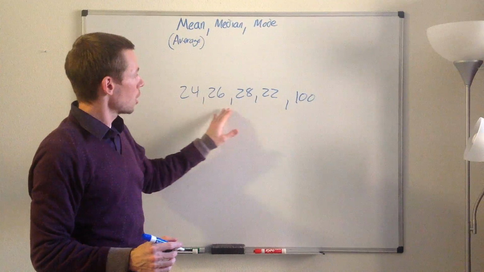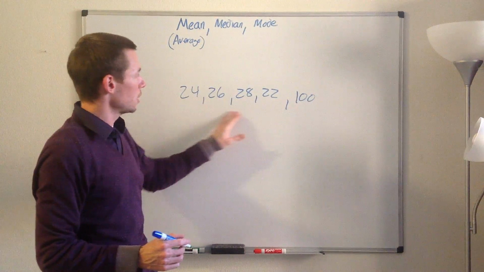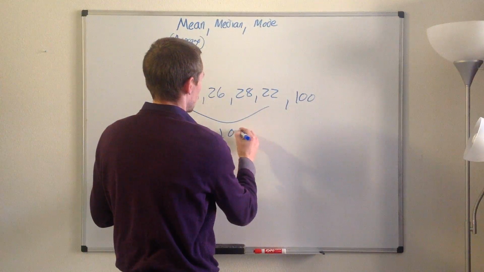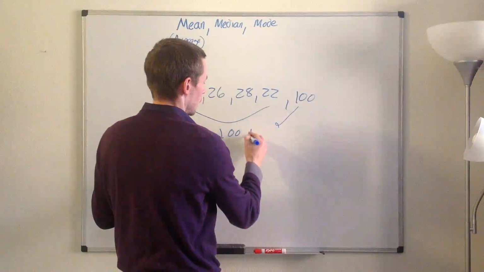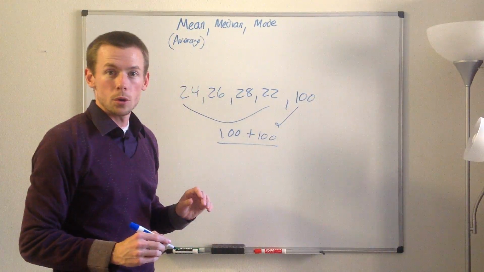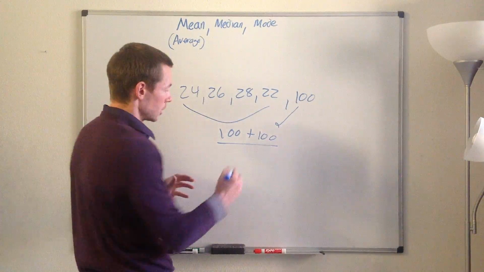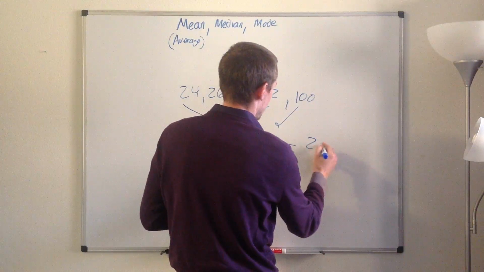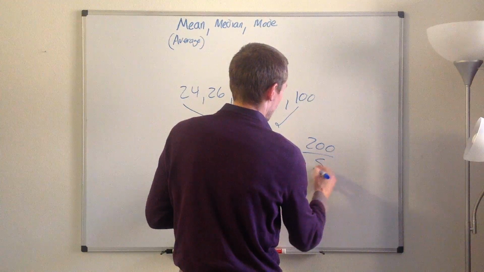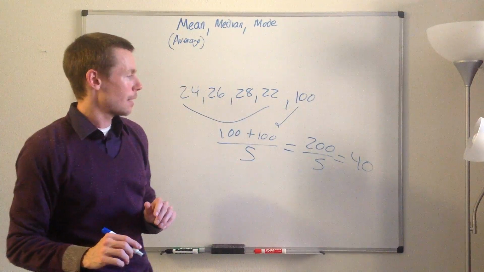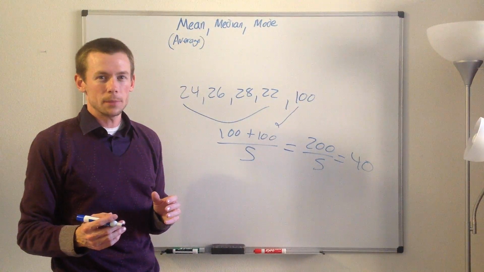Well, we just saw that when we added all of these 4, we got 100, plus our new 100-year-old person gives us a total of 5 people. And so we get 200 divided by 5, and that comes out to 40.